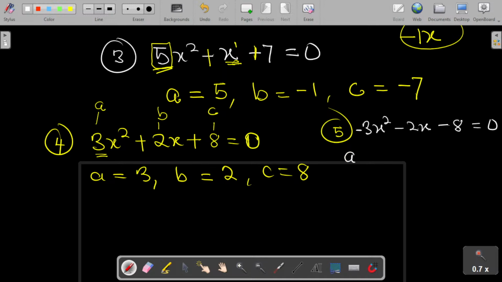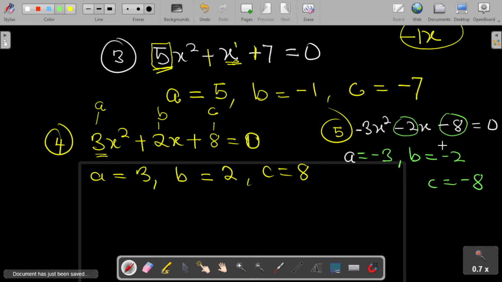Our A here will be minus 3. Our B will also be minus 2 because the number is negative. And our C will also be minus 8 because the number is also negative.